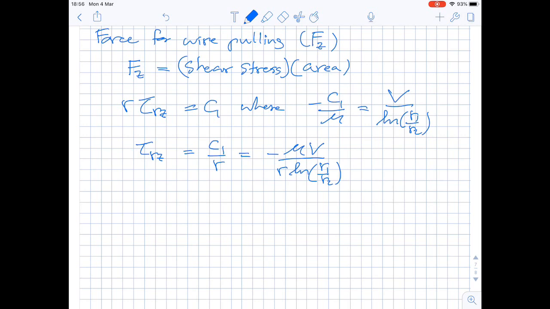But the force that we are talking about here is supposed to be tau applied at the interface on the surface. So we need tau Rz at R equal to R1 on the surface of the solid wire. If you replace R here with R1, you get tau on the surface.